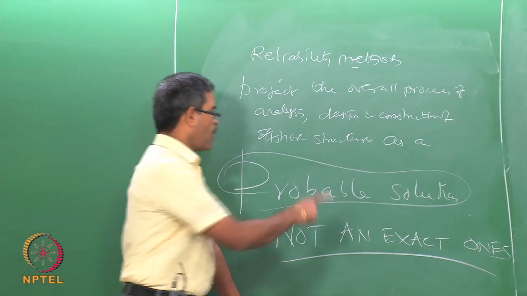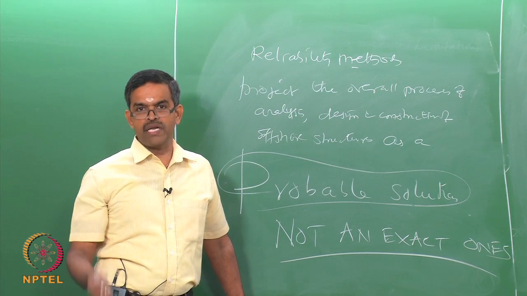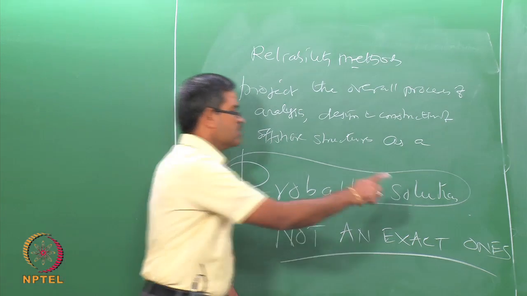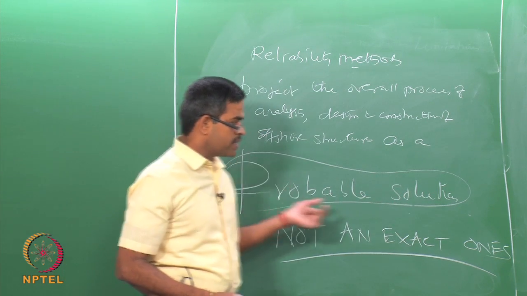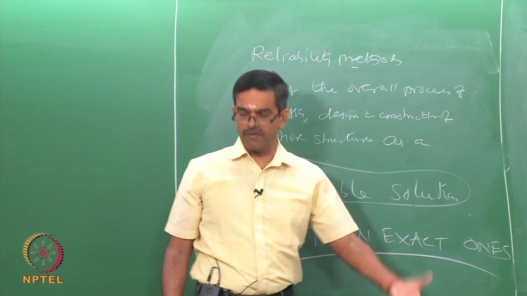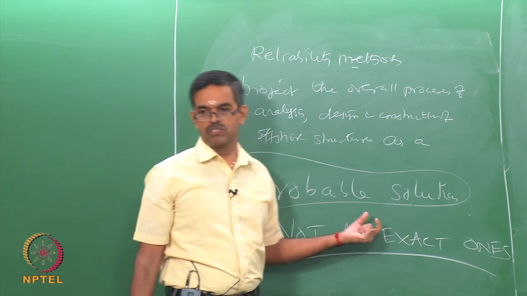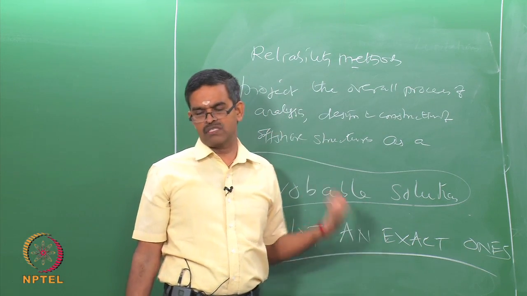The moment you have a probable solution you will always have a doubt, is there an alternative for the solution or not. The moment the solution is not unique, which has more challenges, which can have suspicious alternatives, then you do not rely on the solution. So, reliability has this as one of the important and serious limitations.